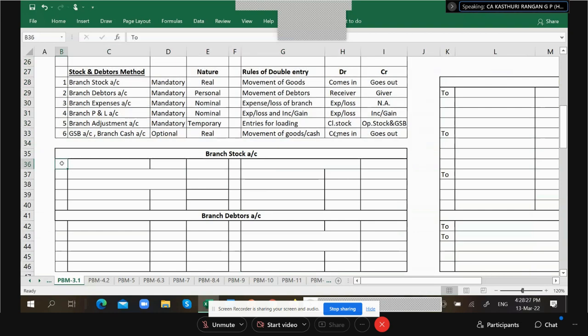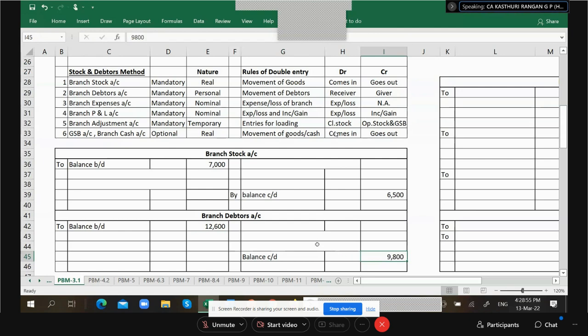Stock account, what will you record? To opening stock, balance, 7,000 given in the question. By balance, closing stock, 6,500 is also given. Similarly, debtors, opening balance 12,600, closing balance 9,800.